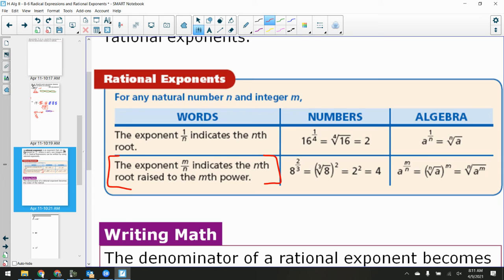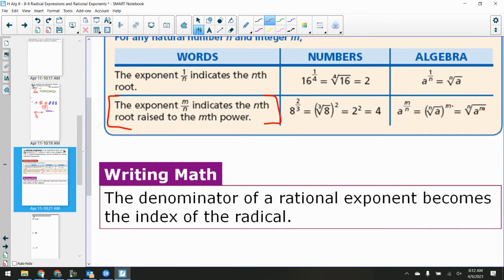Both of those are equivalent. Power divided by index: I could put the power outside, or I could put the power underneath. I could take the power first or the index first. It all depends on whatever makes it easier to reduce the number. The denominator of a rational exponent becomes the index.